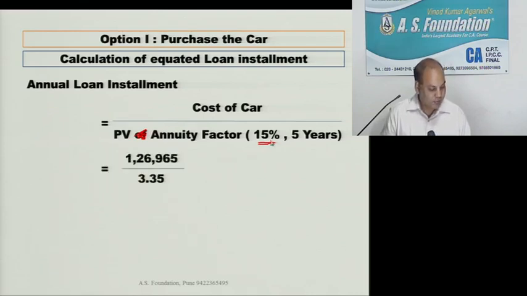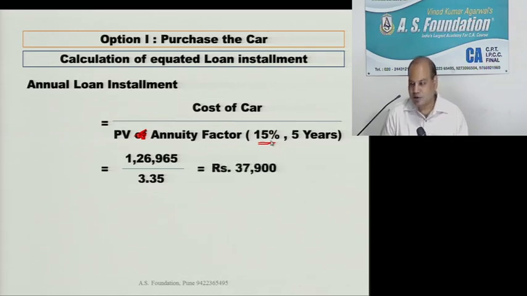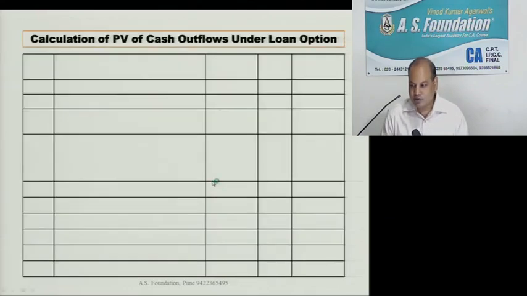Add 0.87, 0.76, 0.66, 0.57, 0.49, 3.35. Everybody will get the same answer. Is it right? 37,000? Yes. The instruction is same. If the factors are given, preferably use the same factor. Your answer will match with ICAI answer.